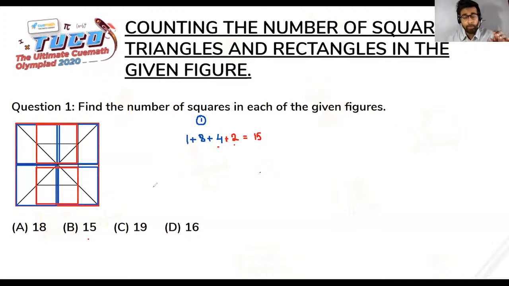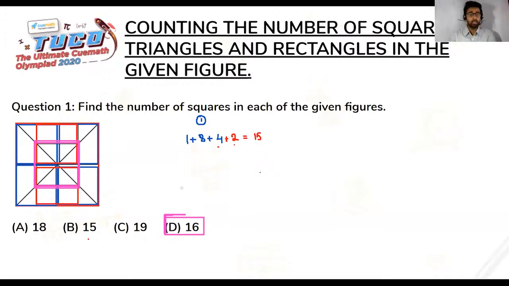We forgot about the inner square present to us in the center. Shouldn't we be focusing on this as well? This inner square. So if I add this as well, do I get 16 as the correct answer to this?